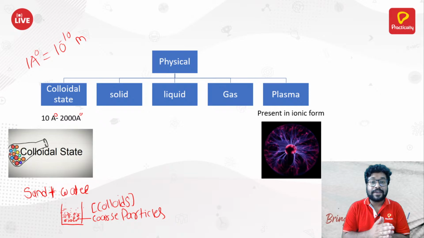Now, what is meant by pure substances? Pure substances are the substances which contain only one type of substance.